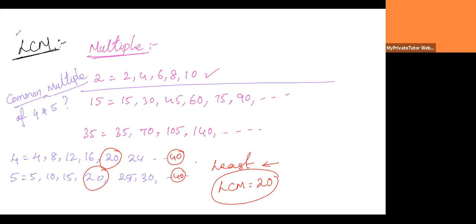So same thing, how to find the LCM, method 1: writing the multiples of each number. For example, 3 numbers are given. You are going to write the multiples of each number, and then find the least common multiple. So we just need to go on until we get the common term.